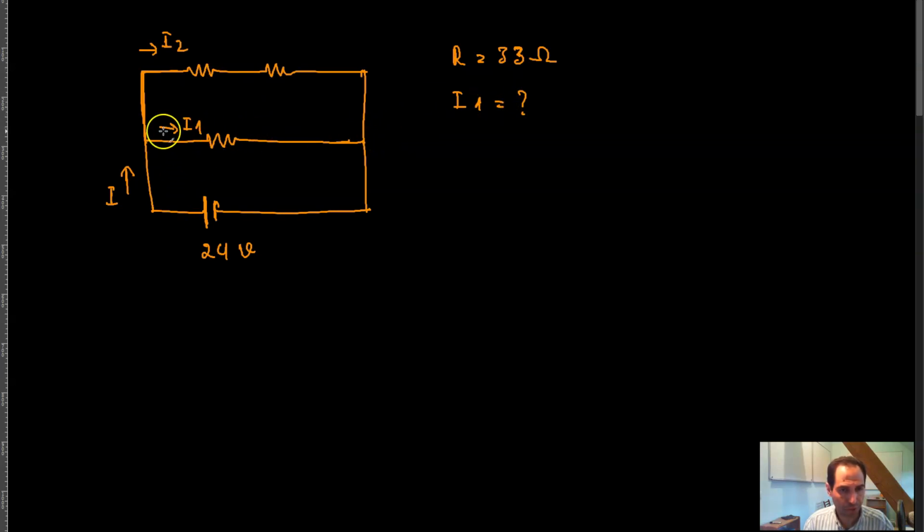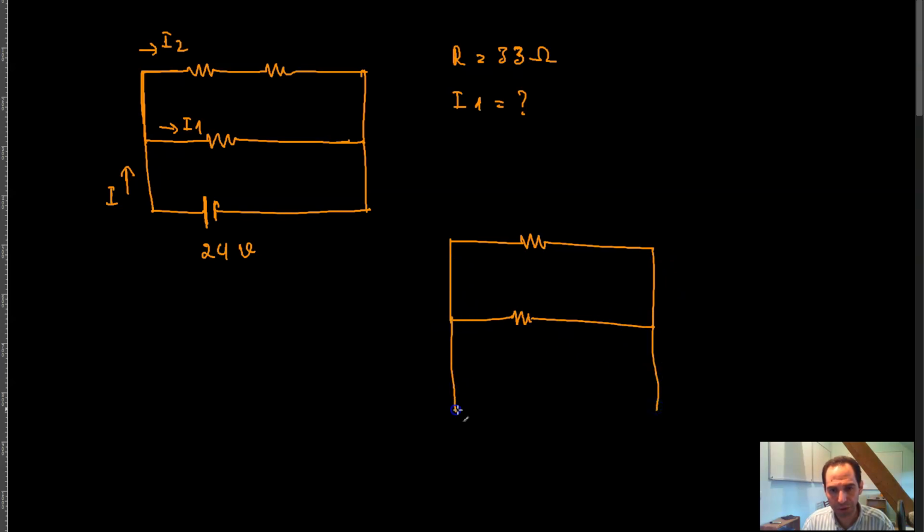You have this I1 going through this resistor, I2 going through these two resistors, and this is I going through the whole circuit. To calculate I1, it's a very simple circuit, since you can think of it as essentially a resistor over here in parallel with another resistor over here, and they are connected to a power supply, right?